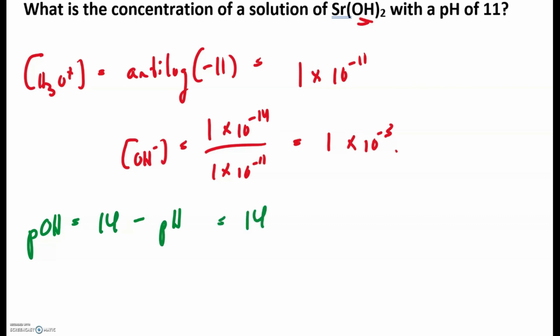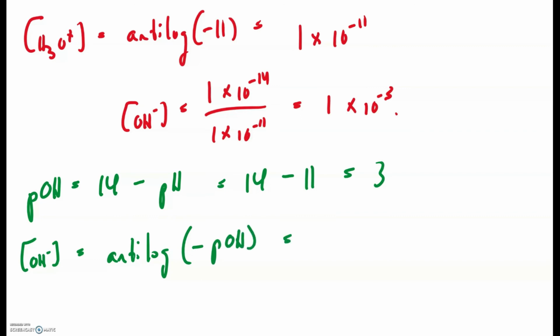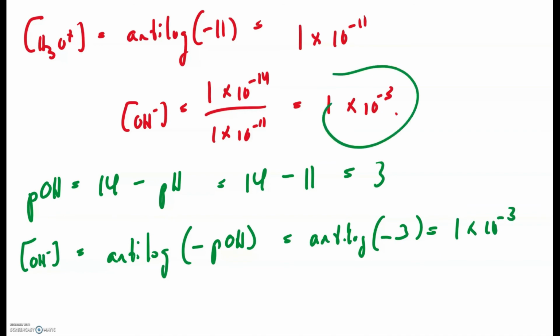So if we take our pH, which is 11, and plug it into this equation, 14 minus 11, we get 3. And then we could say that OH minus is equal to anti-log of negative pOH. So we'll simply plug this in and say anti-log of negative 3, and of course we get 1 times 10 to the negative 3rd. Notice how these two answers are exactly the same. So it doesn't matter how you do it.